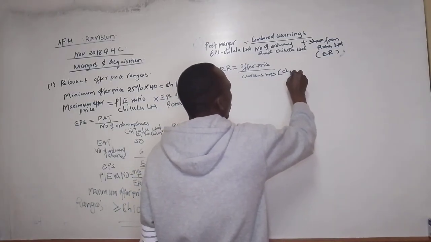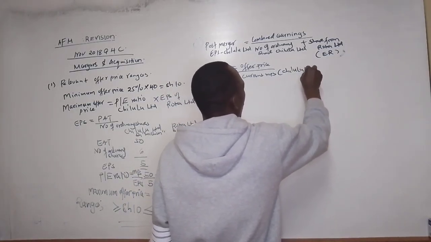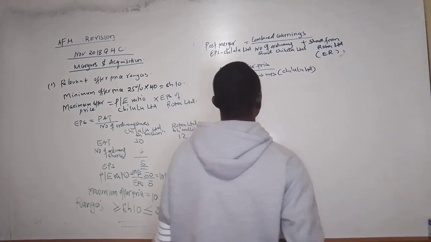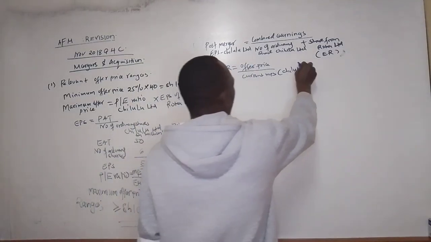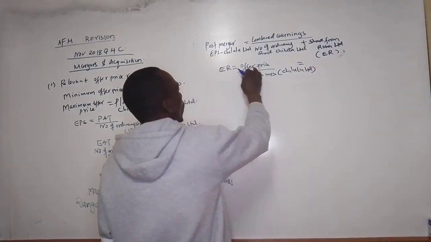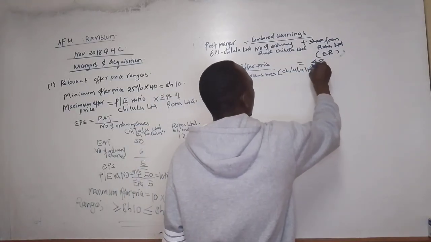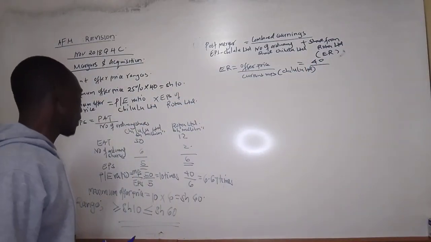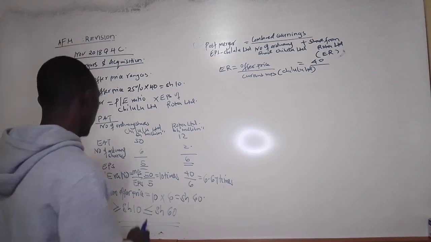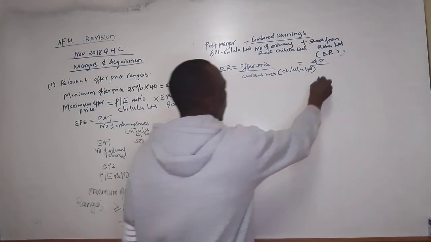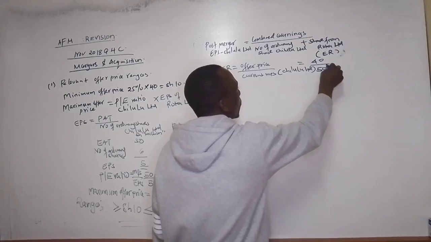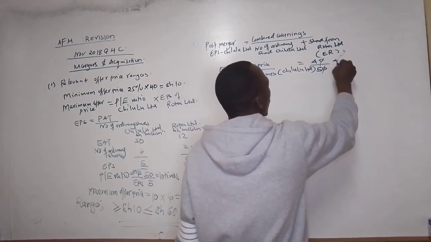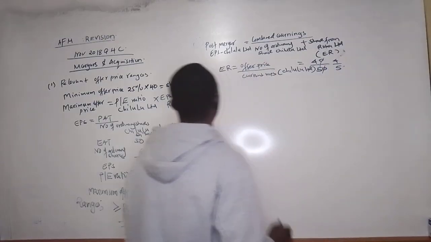Remember, we talk about Chiruru Limited, the predator. The offer price they have agreed is 40, all over the current MPS, which is 50. So in fraction, this will be 4 over 5.